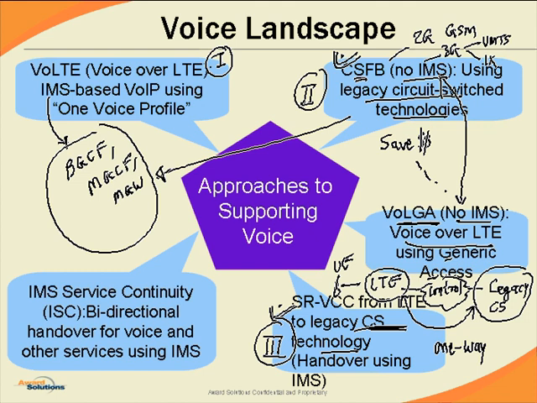Once you go to legacy technology, you finish your voice call and then you can go back to LTE. So that is the initial version of SRVCC: if you are in LTE coverage area, use voice over IP. If you leave LTE coverage area, then use legacy circuit switch call, and IMS will help us do that kind of handover.